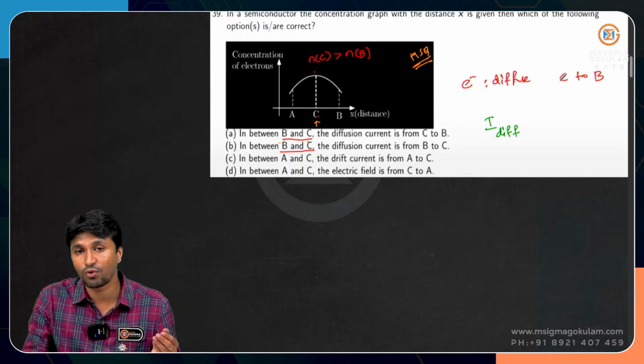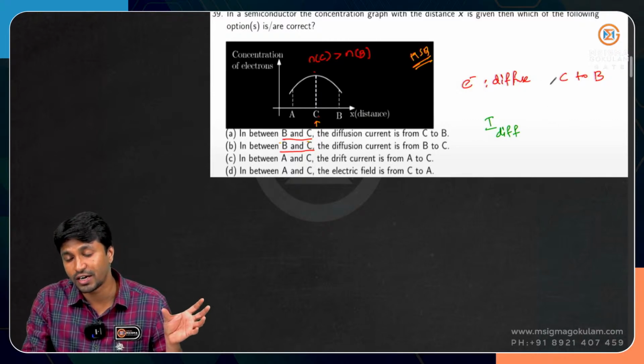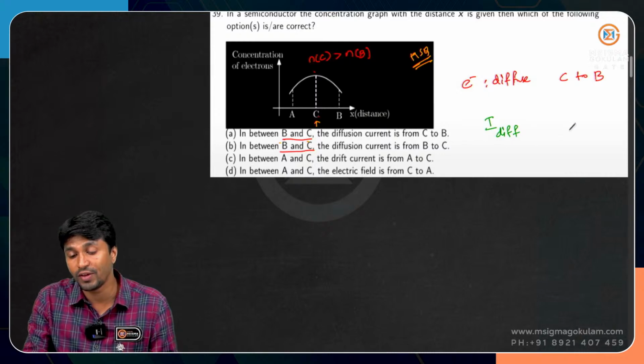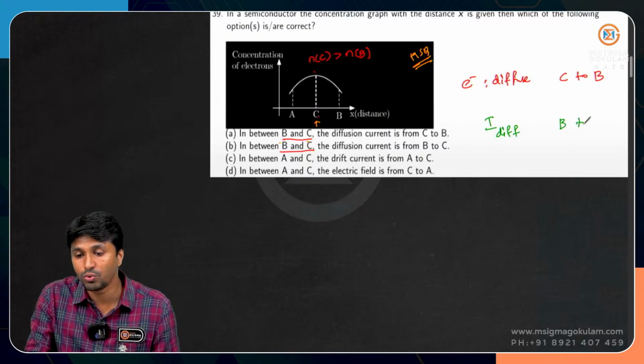Since the electrons are diffusing from C to B, the current will flow from B to C, right?